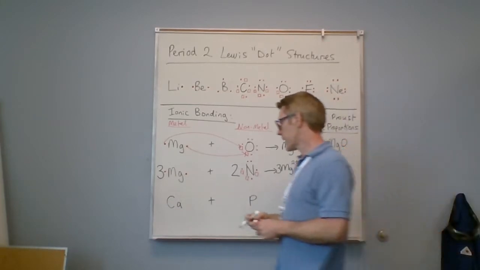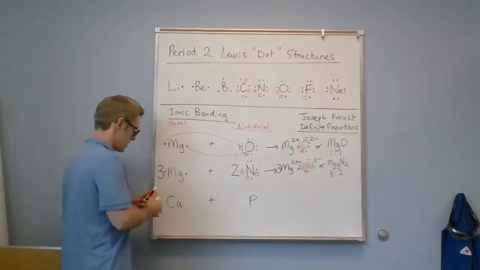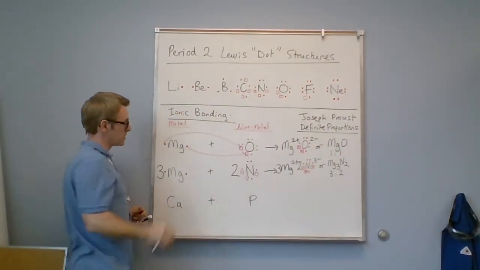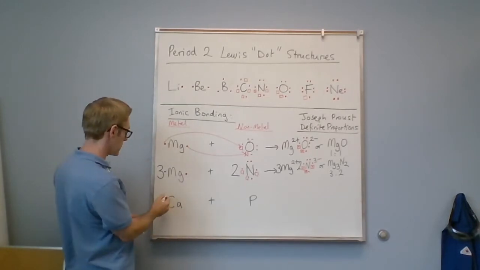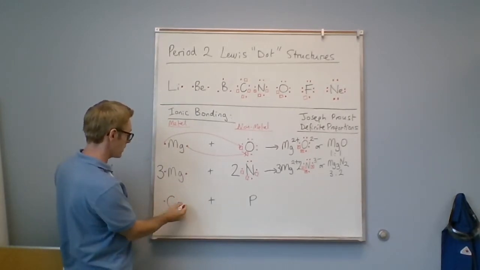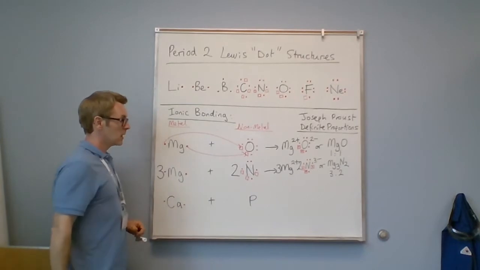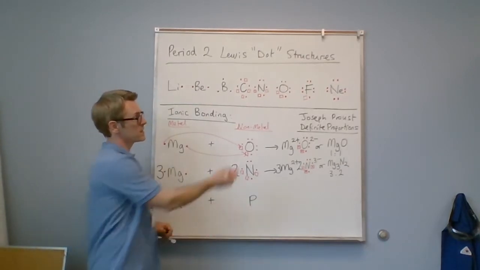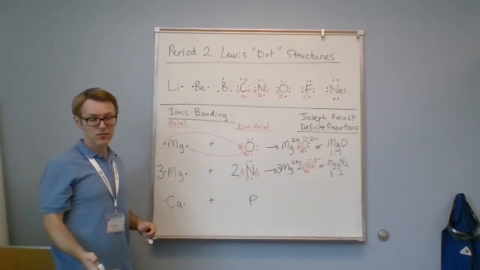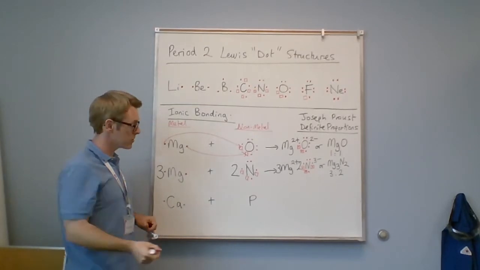And finally, for calcium and phosphorus, calcium is in the same group as magnesium and beryllium, so again it will have 2 valence electrons. Phosphorus is in the same group as nitrogen, so similar to nitrogen, it will have 5 valence electrons and 3 boxes.